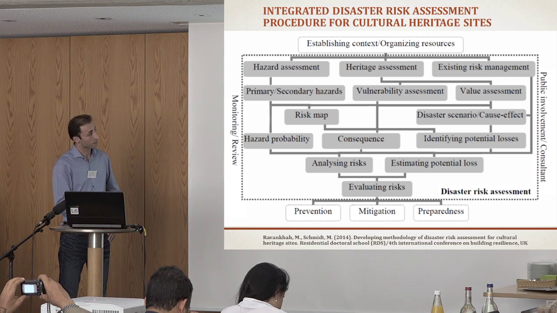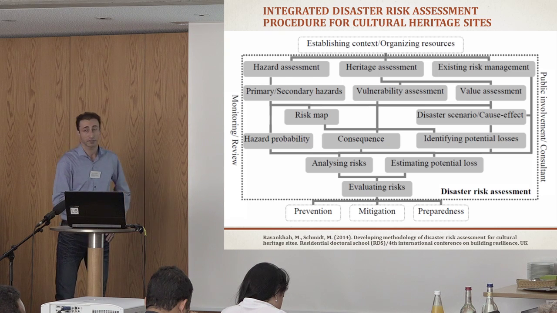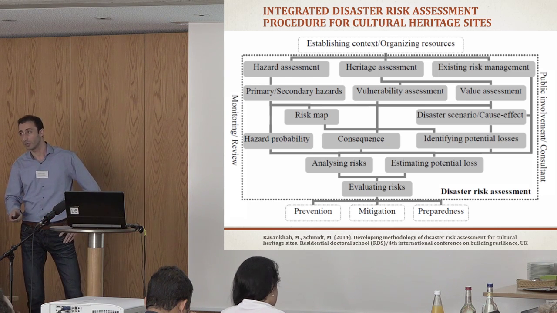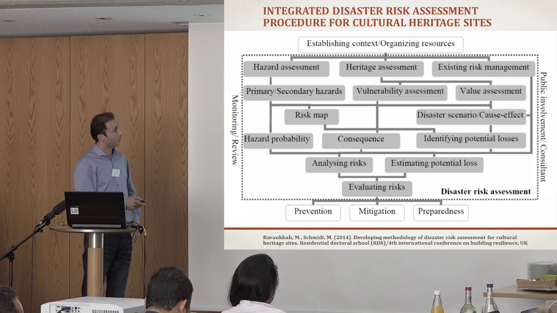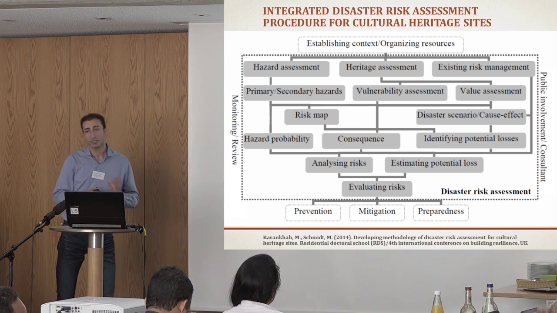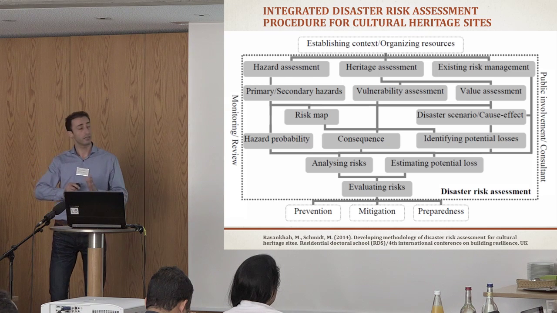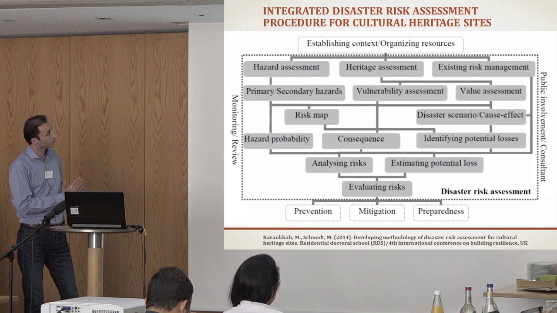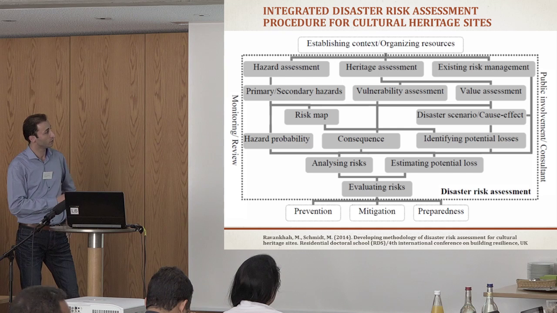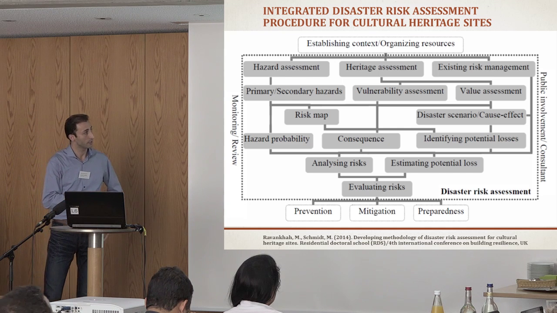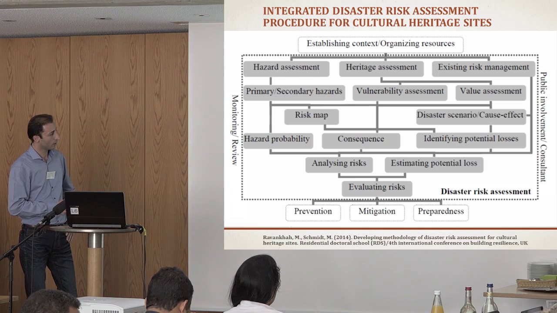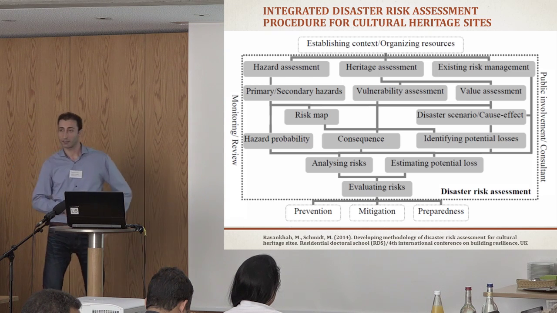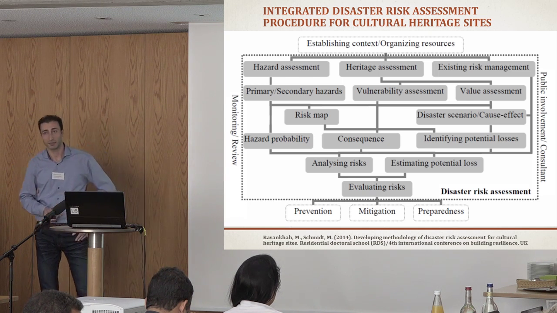Also value assessment, and I'm also looking at the existing risk management system in place, like risk preparedness. So I'm looking at three different major pillars here for the risk assessment methodology: first of all, hazard, then heritage, and then existing risk management. And here, that would be the technical parts of the risk assessment methodology.